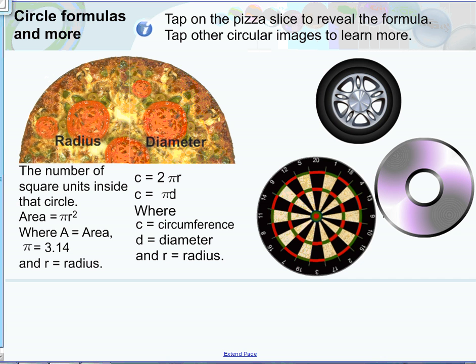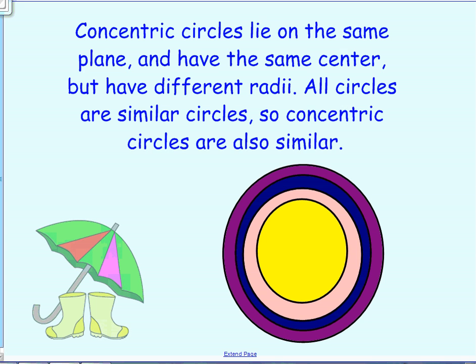All right, so going along with that same line, we actually have a new vocabulary word today. That one is concentric circles, and these concentric circles lie on the same plane and have the same center, but have different radii. All circles are similar circles, so concentric circles are also similar. So that means that if you were to look at this group of concentric circles, they all share a middle point.